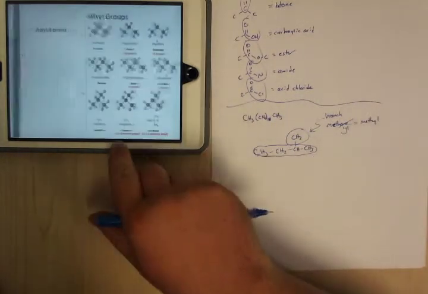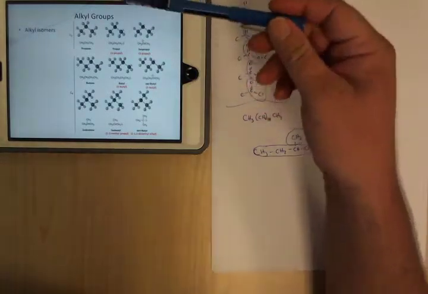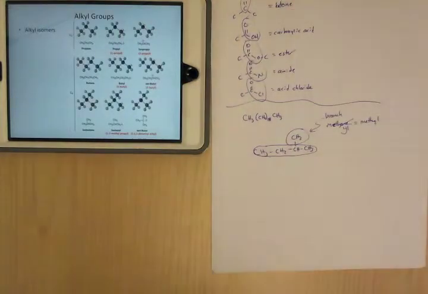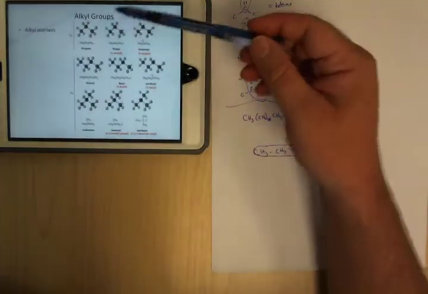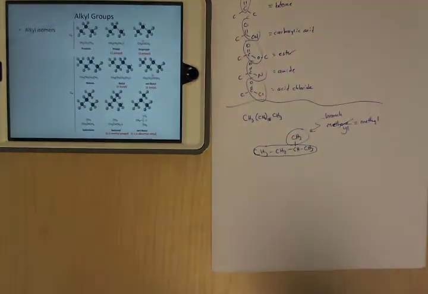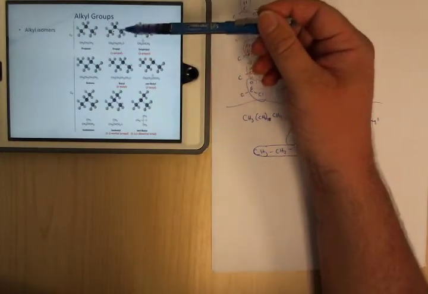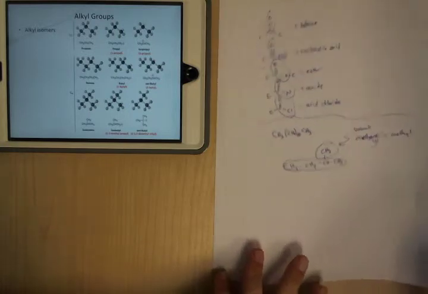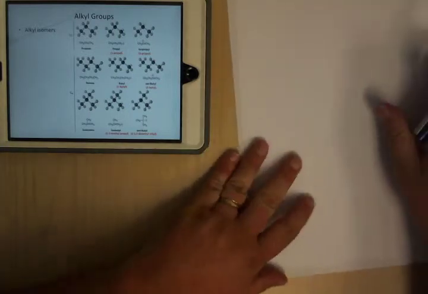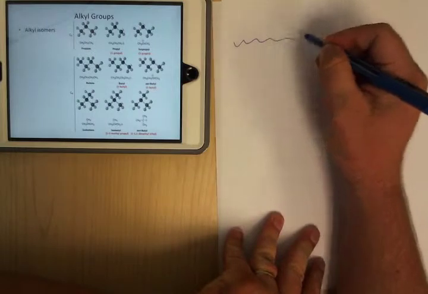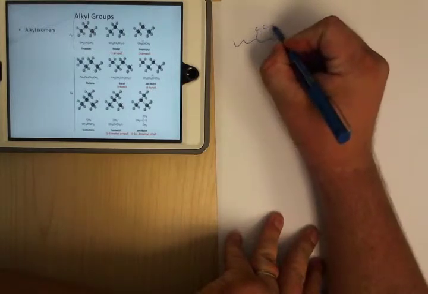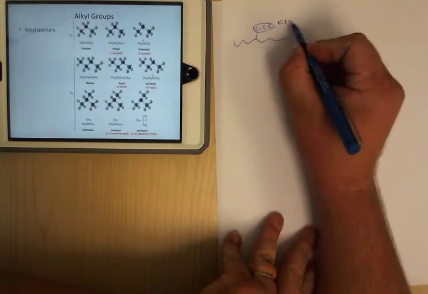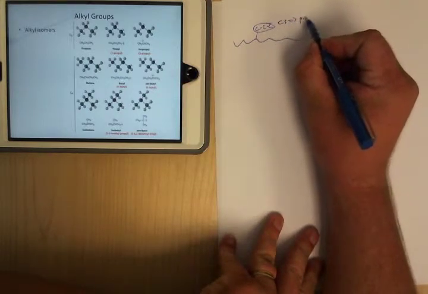So with that, you can sometimes see these for different alkyl groups. The problem is, if it's small, there's only one way that you can put it on there. But for propyl, when you have a propyl group, there's actually a couple of different ways. So if this was the main chain, and you had carbon, carbon, carbon coming off of it, so it's 3 carbons long, it'd be propyl.